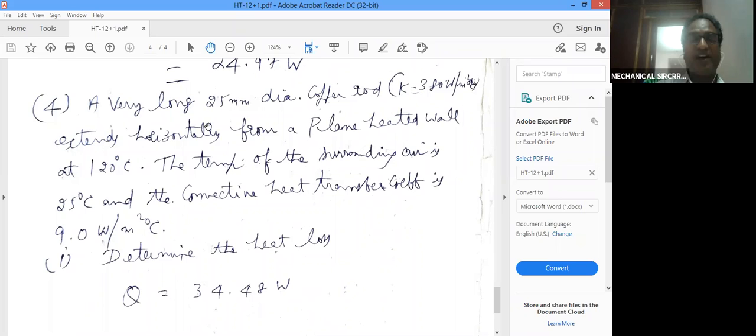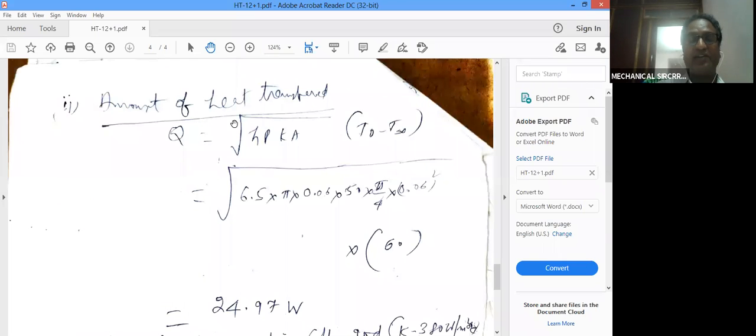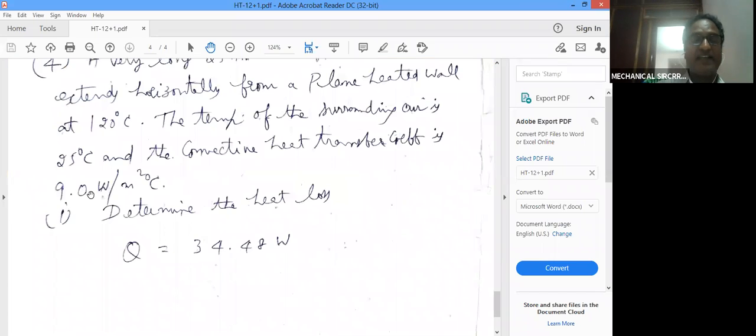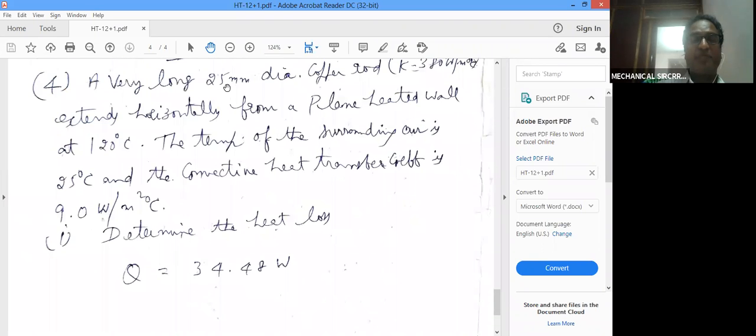Q is equal to, for a long fin, root of HPKA into T naught minus T free stream. Here H is given as 9, root of 9, into perimeter pi D, pi into D diameter 0.025, into K thermal conductivity 380, into area, the circular area pi by 4 D square, pi by 4 into 0.025 whole square, within the square root, into T naught, given as 120, and T free stream, the temperature of the surrounding fluid, 25 degrees.